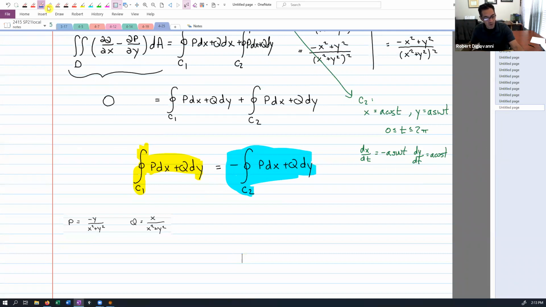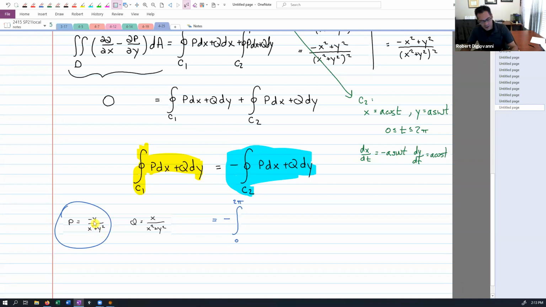We're trying to do this blue integral. This should be equal to negative integral from 0 to 2 pi. Okay, I need P. Now, what's P? This is P, but I have to replace y with a sine t, and then I have to replace the bottom with a cosine t for x and a sine t for y.